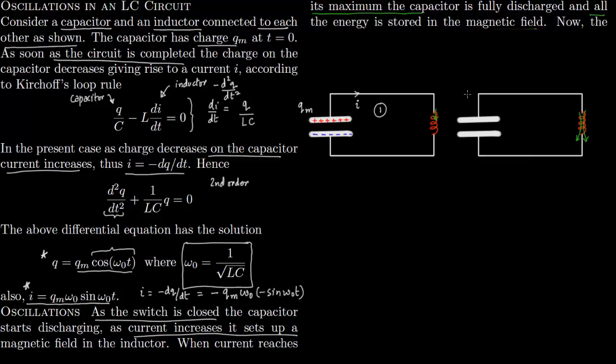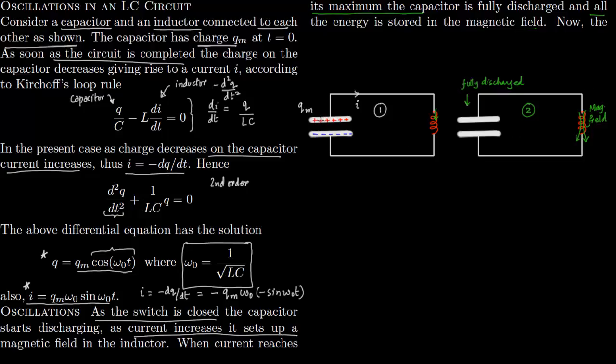So notice that the capacitor is fully discharged. So we are now in figure 2. The capacitor is fully discharged and all the energy now is stored in the magnetic field of the inductor.